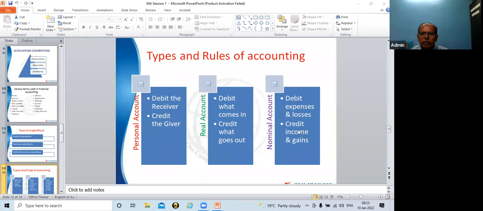Then nominal account also covers all kinds of income as well as gains. We learned in the last session that there are direct income as well as indirect income.